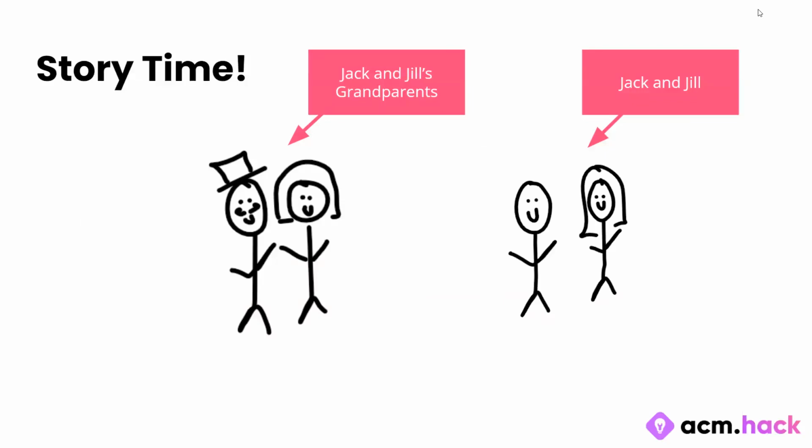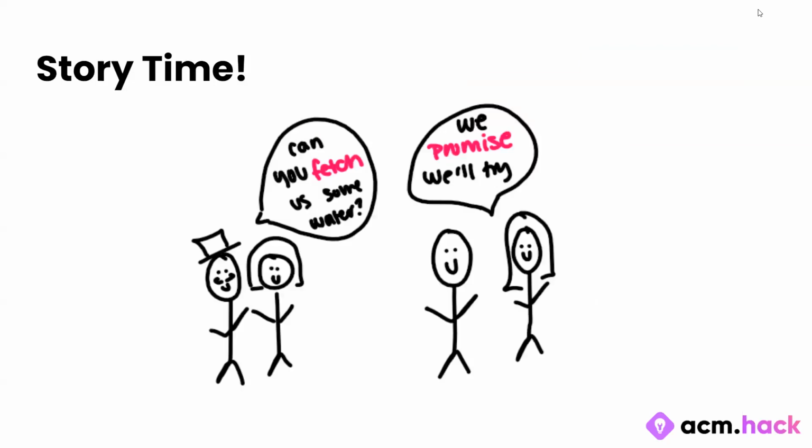I know it's a little confusing, so I have a little story to explain it better. Everybody knows Jack and Jill's story, hopefully. We're going to introduce some new characters: Jack and Jill's grandparents. The grandparents asked them to go fetch some water. And Jack and Jill say, we promise that we'll try. They don't originally have the water, so they're just saying that they're going to try and get it.